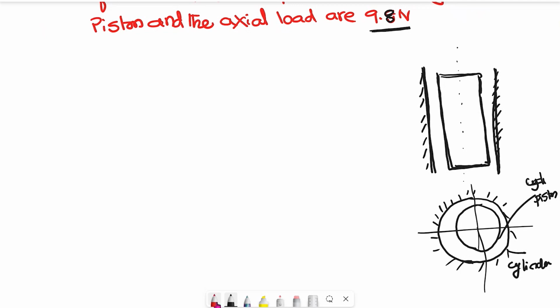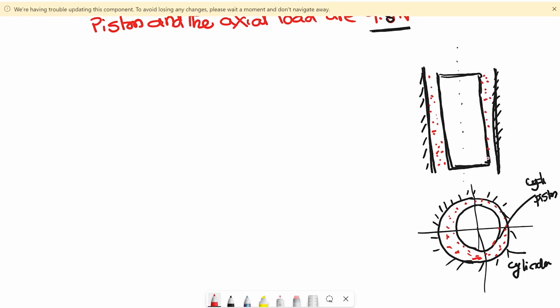The space between them is the annular space. This space is now filled with a lubricating oil.